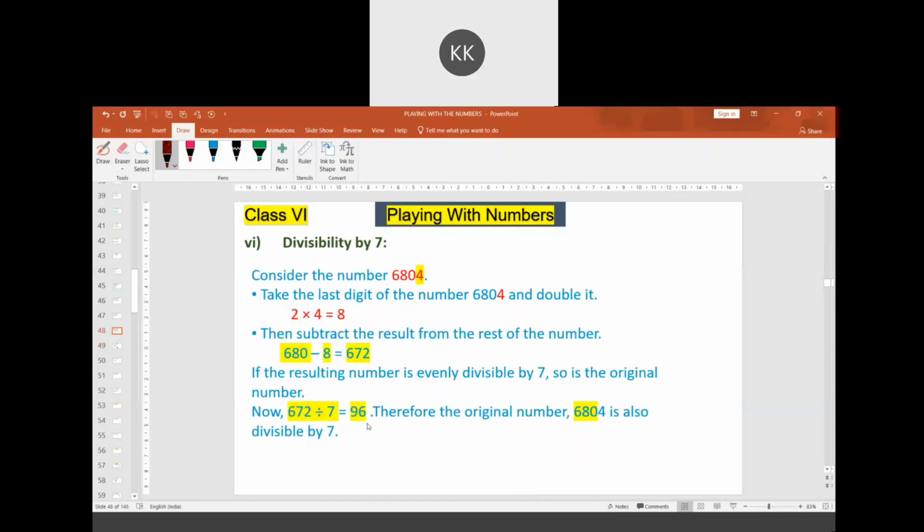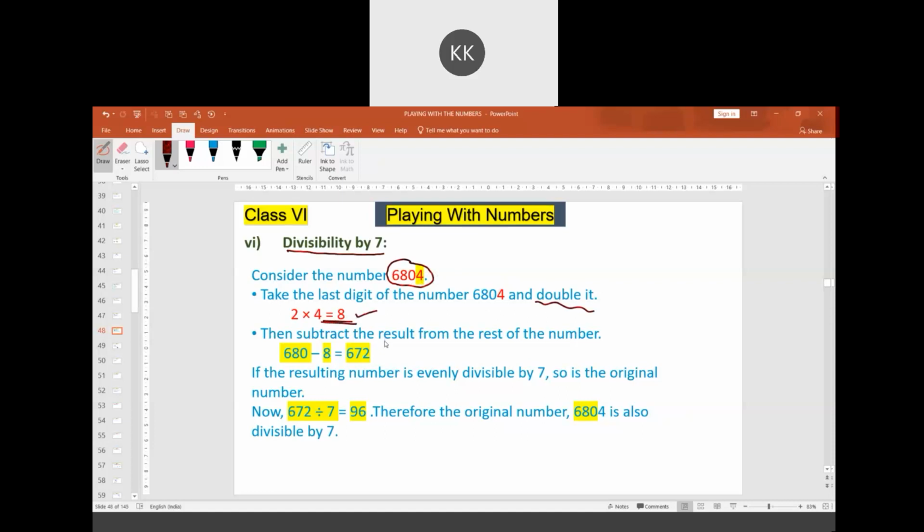Going back to the previous slide, here you can see I have just given an example. In most of the books, they don't give the test for divisibility by 7. I am repeating now. I have given an example, 6804. The number at units place is 4. Double of the number 4 is 8.